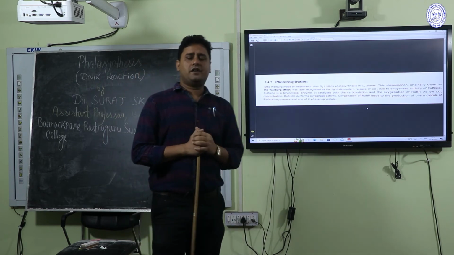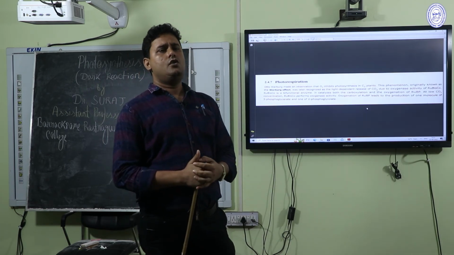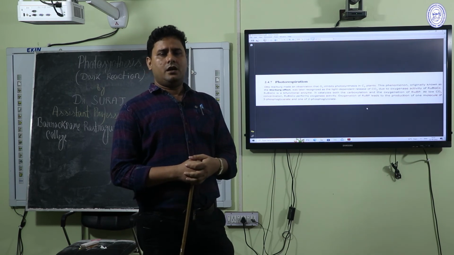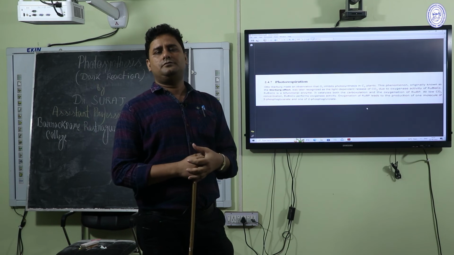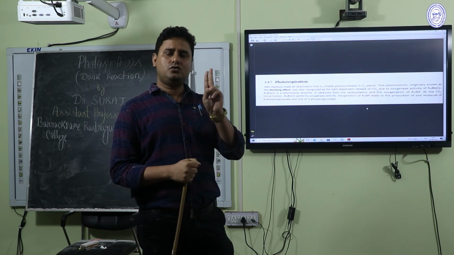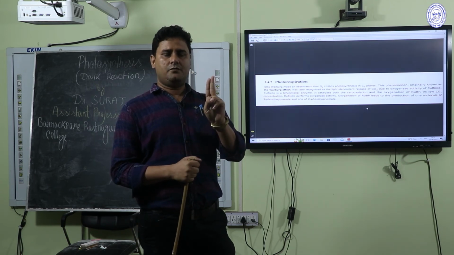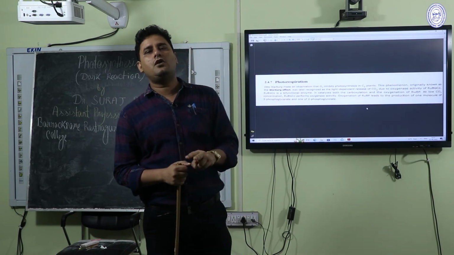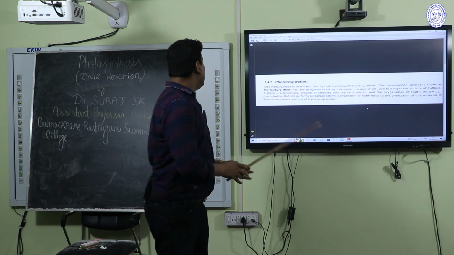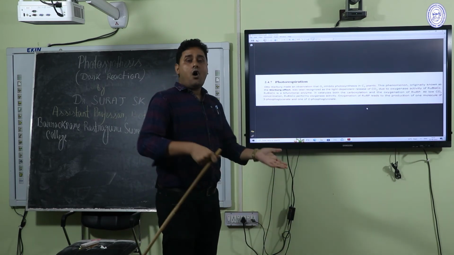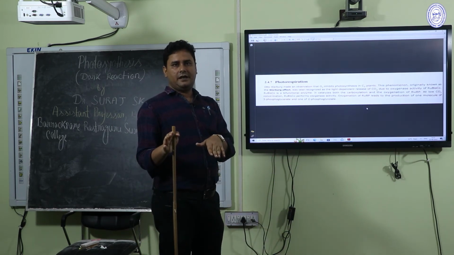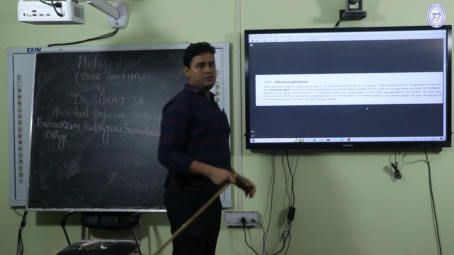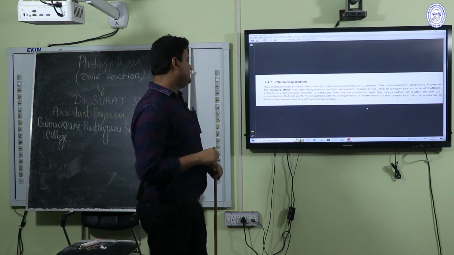I have already mentioned to you during the Calvin cycle that Rubisco has dual roles. The first one is Rubisco carboxylase and the second one is Rubisco oxygenase. In photorespiration, the oxygenase activity of Rubisco will be observed.